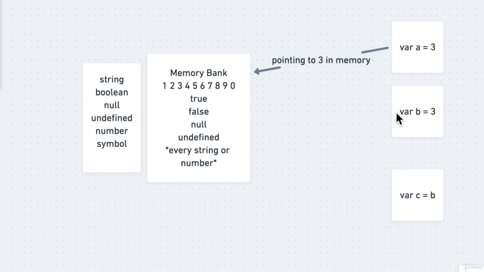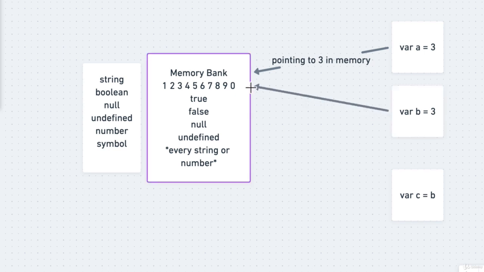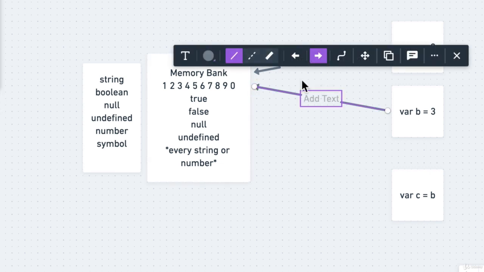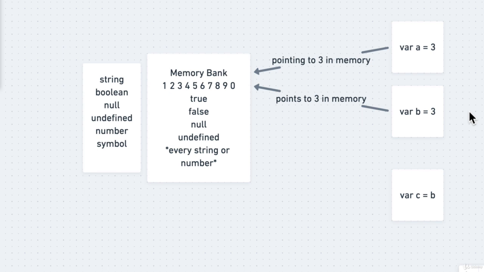Now, when we set variable b to 3, it does the same thing. It creates this new variable called b, and then it also points to the same 3. Points to 3 in memory. If we set variable c to b, it's actually not pointing to our value of b. Instead, it points to b, which then points to our value in memory of 3.